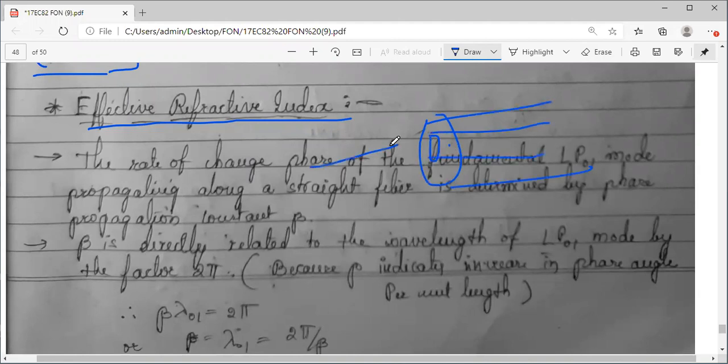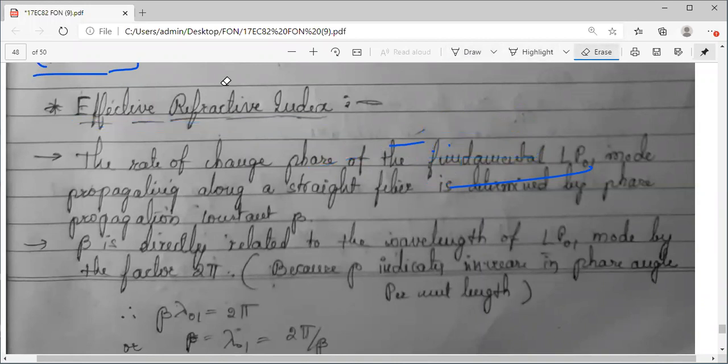Whenever a ray is passed into the fiber, it will experience total internal reflections, a series of things happen, the wave propagates and the field gets created. So what kind of refractive index, N1 or N2, is observed when a wave propagates inside the optical fiber, that is measured by the effective refractive index.